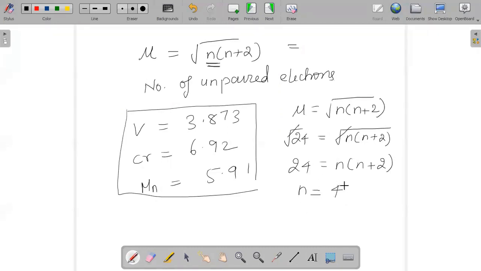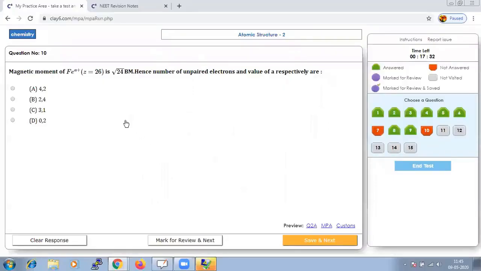And when n is equal to 4, you can conclude that it has 4 unpaired electrons. So when it is 4 unpaired electrons, very easily you can predict the configuration and say that it is Fe2 plus. So the first value is 4 and then A. Do remember they have asked first the number of unpaired electrons.